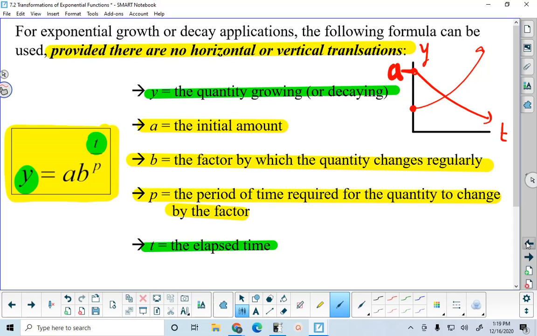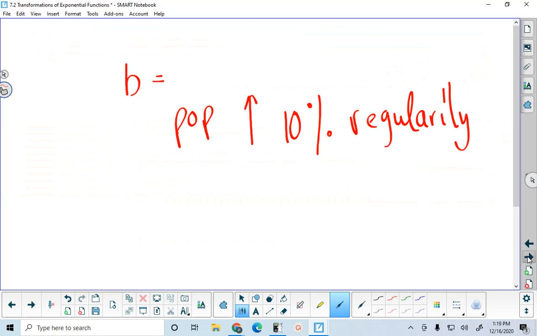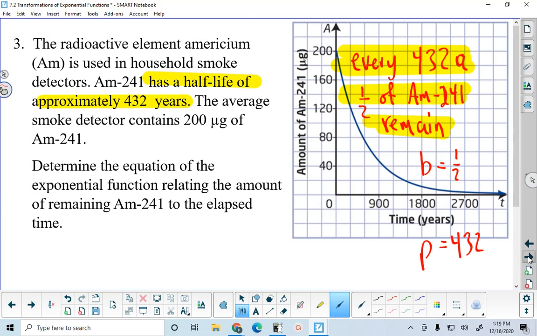Yesterday, every question we did was every year, every year, every year. So yesterday, P was always 1. Well, now it's not 1. P is whatever the period of time is that it takes to happen, which means in this question, P is 432. And by the way, this is the initial amount that you start off with. You can see it up here.